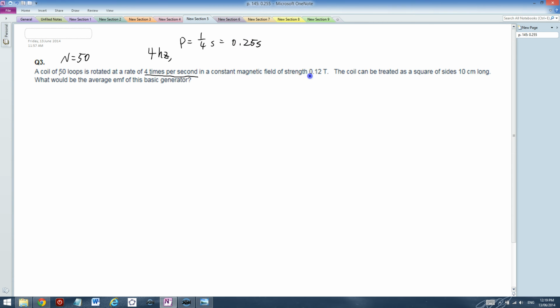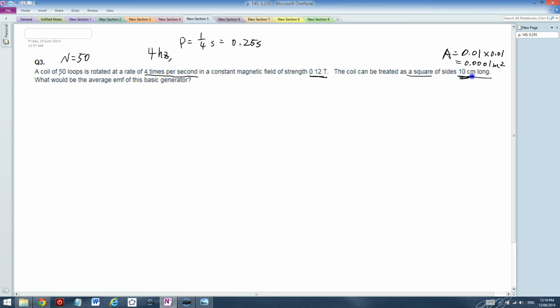The magnetic field is this. The coil can be treated as a square with a side of 10 centimeters. It's a square, so the area will be 0.01 meters squared.